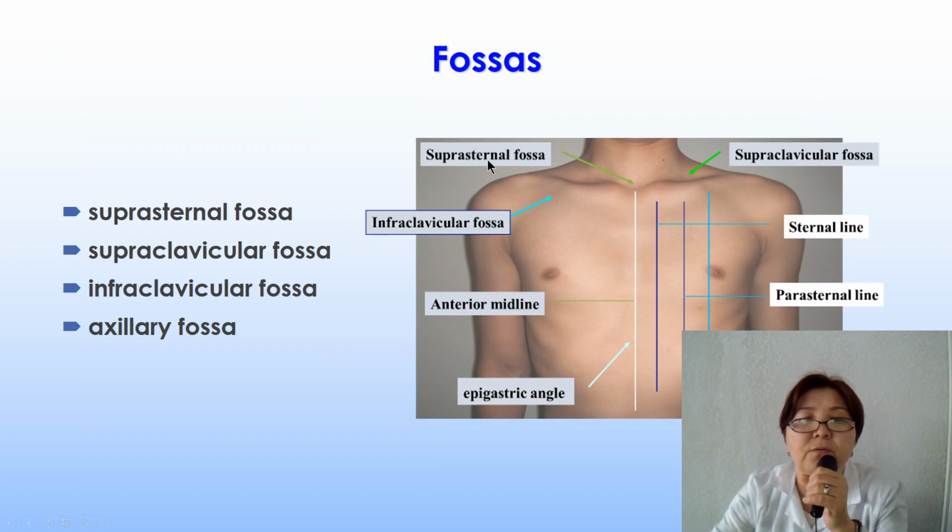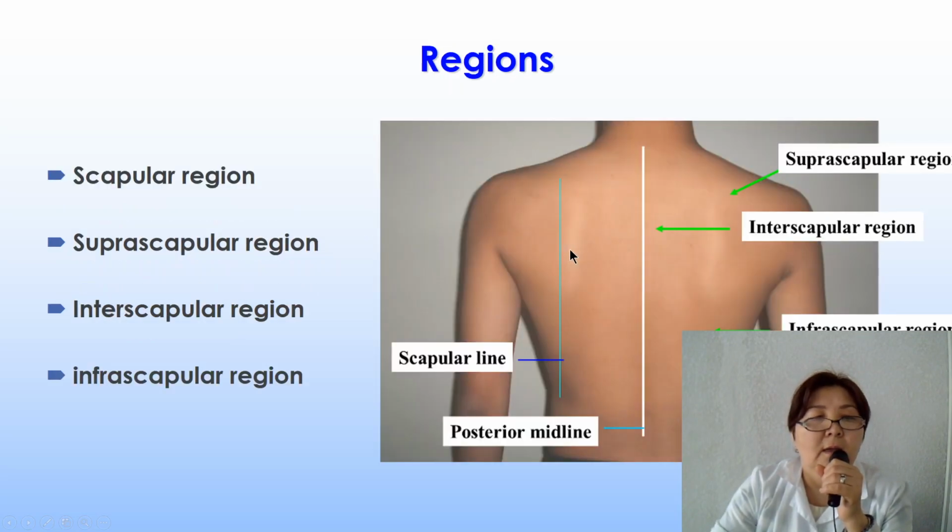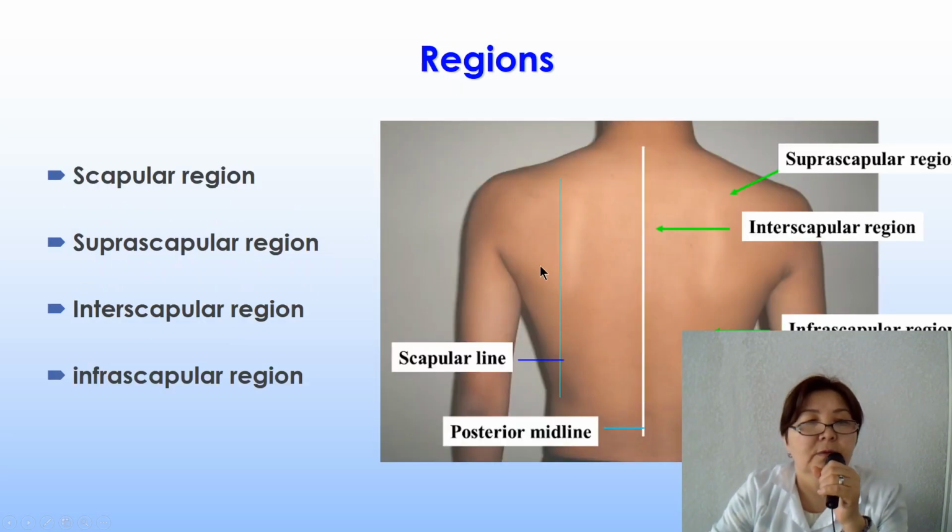There are four fossas at the anterior side of thorax: suprasternal fossa, supraclavicular fossa, infraclavicular fossa, and axillary fossa. And also there are four regions.